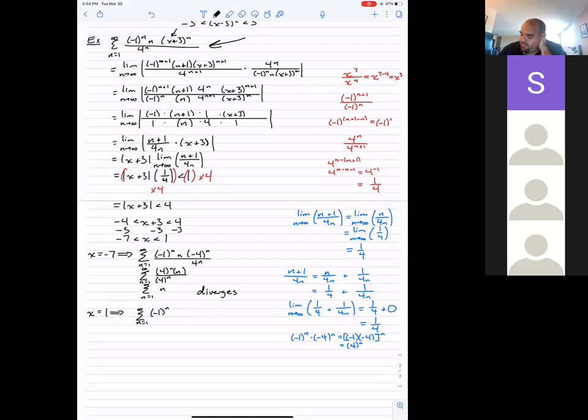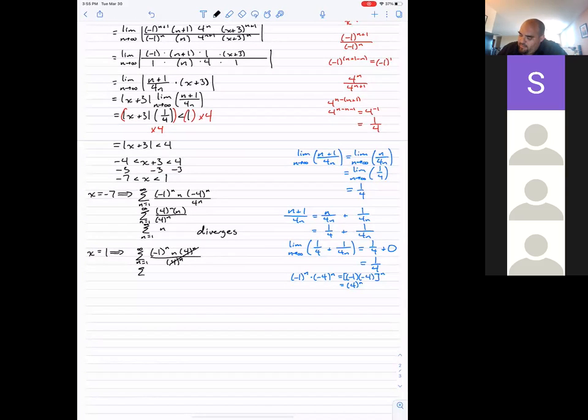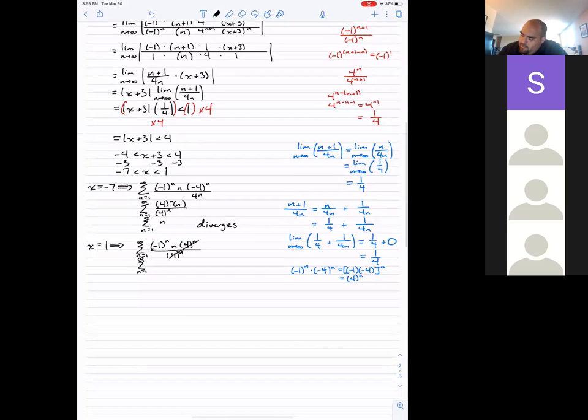So -1 to the n times n times 4 to the n over 4 to the n. Okay, so what do we think about this one? How can we find out if it converges or diverges? Well, it simplifies to an alternating series. Okay, so it simplifies to -1 to the n times n.